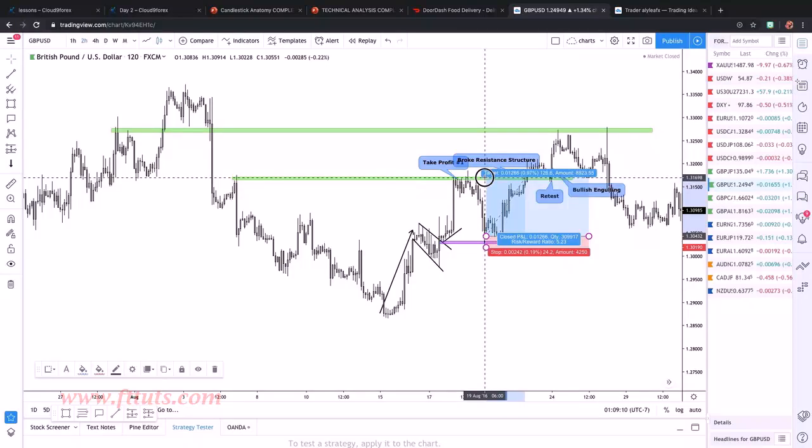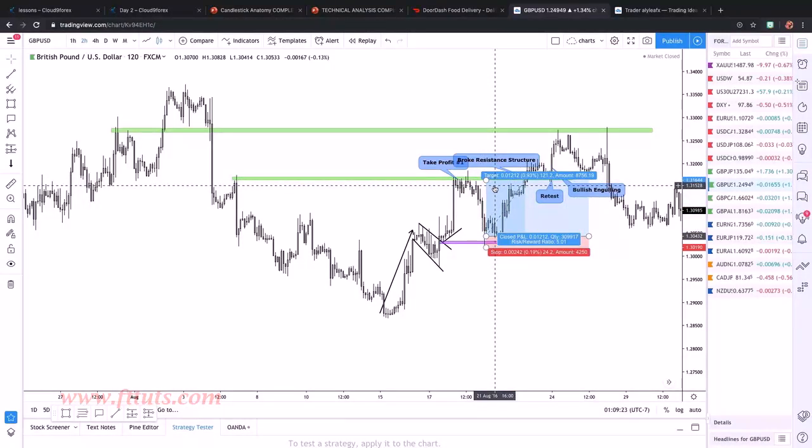So this time this one is a good ratio. Okay, so the one before, when we took our entry before, it was only a 1 ratio. It was below 1 to 2, so there's no point taking that. So this is a 1 to 5.